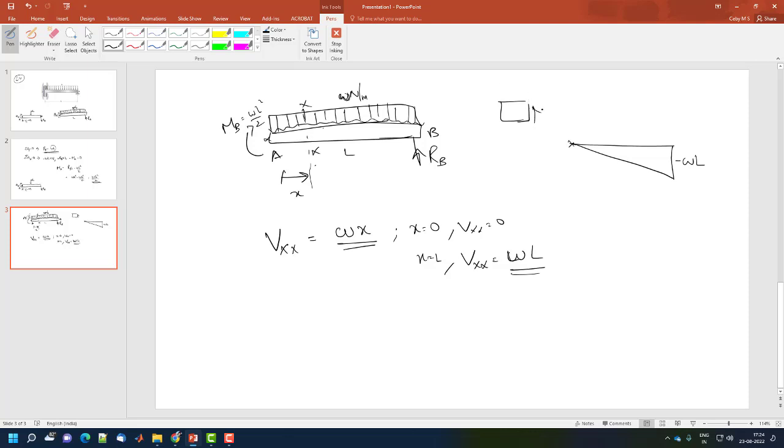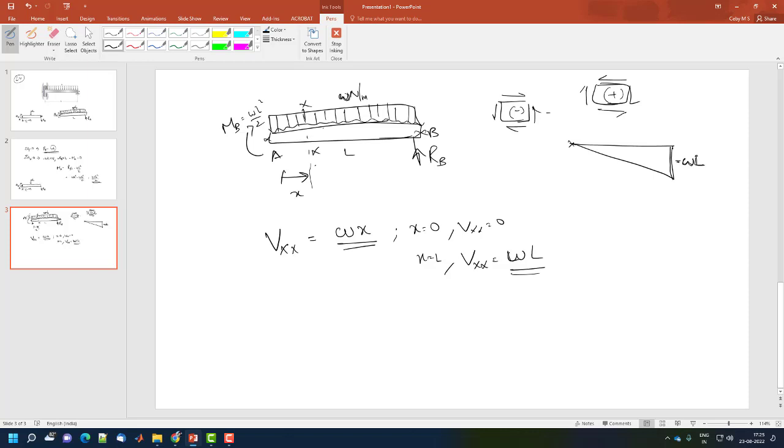So this is negative shear force and this is positive shear force. This is the sign convention I have used here. Since RB is acting upward at B, I have got negative WL.